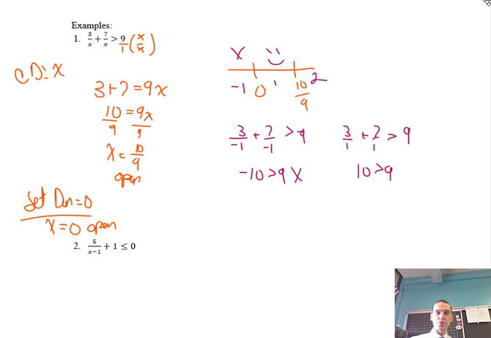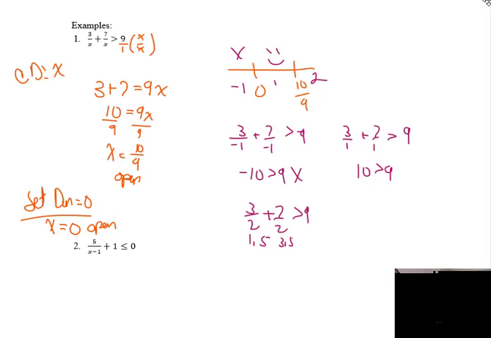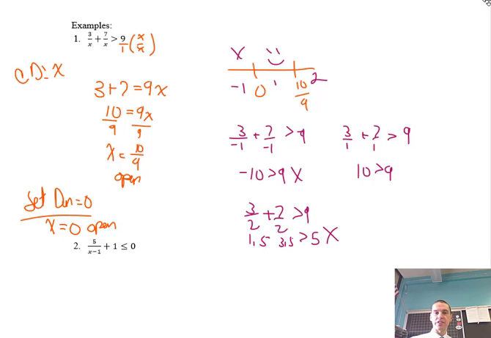Now let's test 2. 3 divided by 2 plus 7 divided by 2 is greater than 9. It's 1.5 and 3.5, which is 5. That is not greater than 9. That is false. And so my final answer is from 0 to 10 over 9 in brackets. Or sorry, in parentheses.